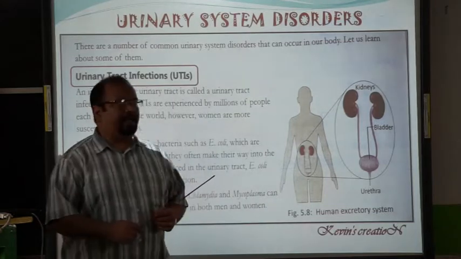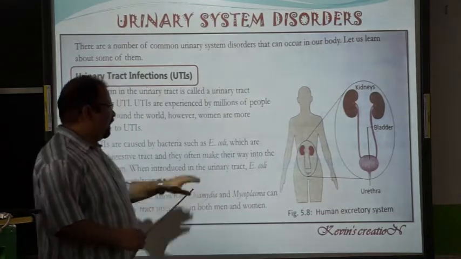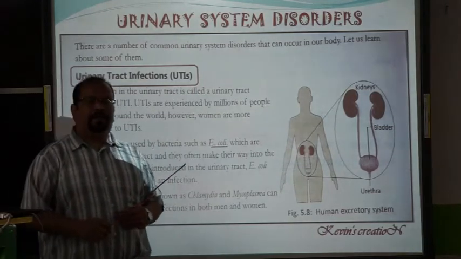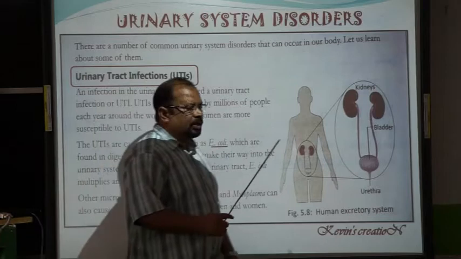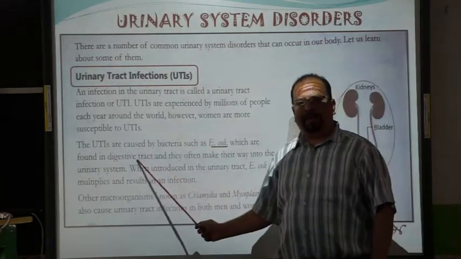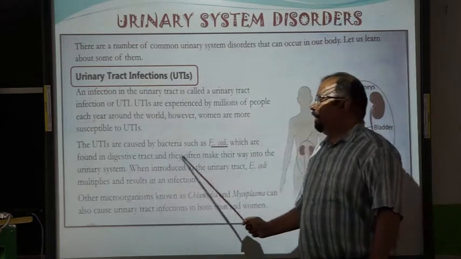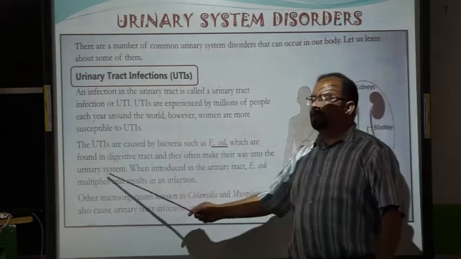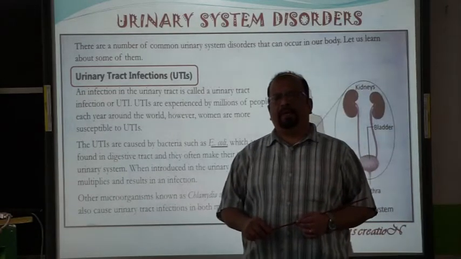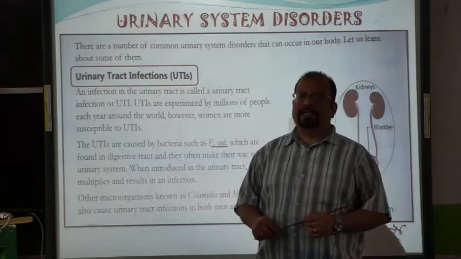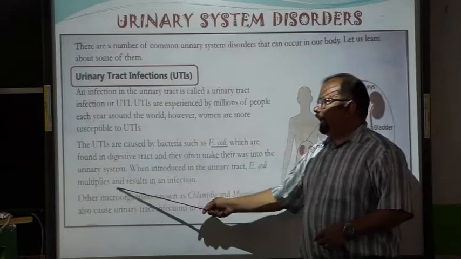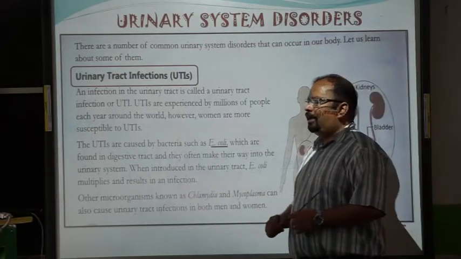It is caused by a bacteria called E. coli, Escherichia coli, which are found in the digestive tract. Usually they are found in the digestive tract, but they often make their way into the urinary system. So from the digestive system, sometimes they come to the urinary system, and once they reach it, they multiply and result in an infection.